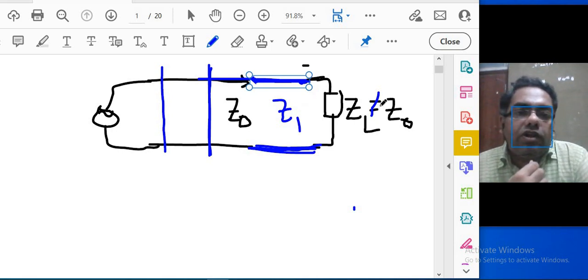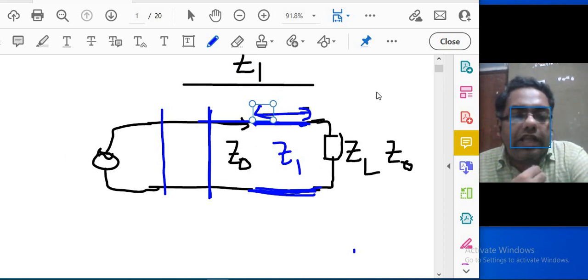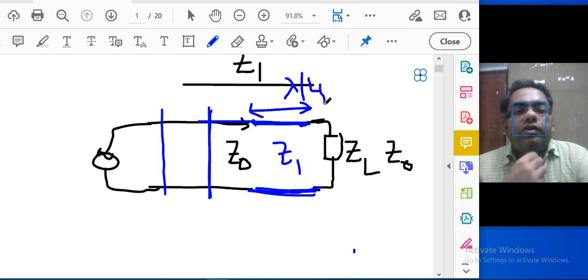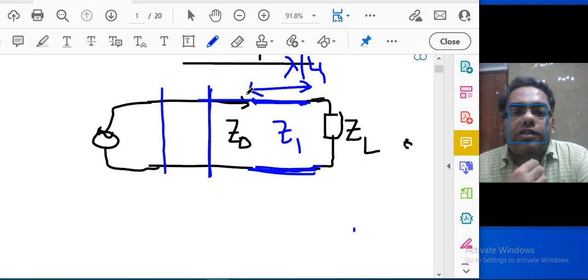So even if in general ZL is not equal to Z0, I have introduced this Z1 whose length is lambda by 4. The length of the section that I have added is lambda by 4. So what I will do now is first find out the input impedance in this section.